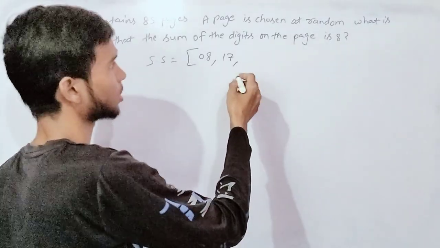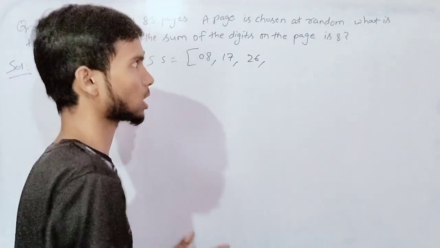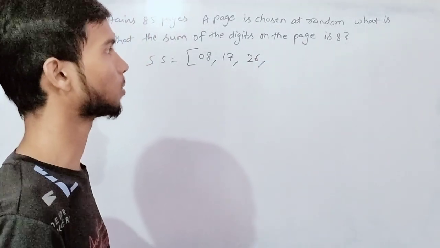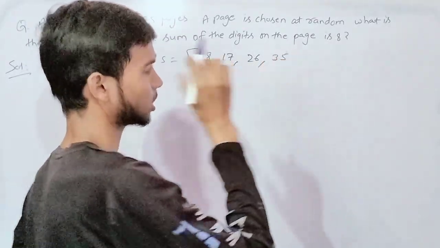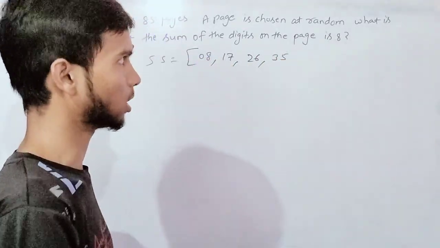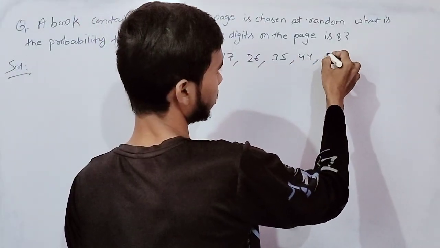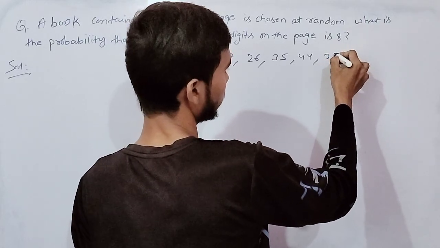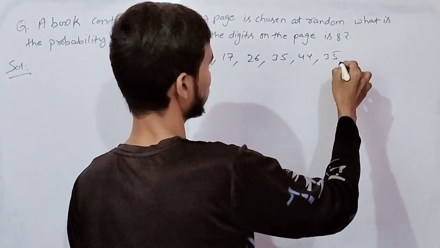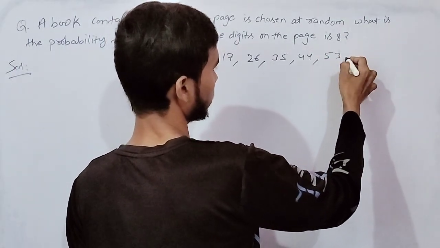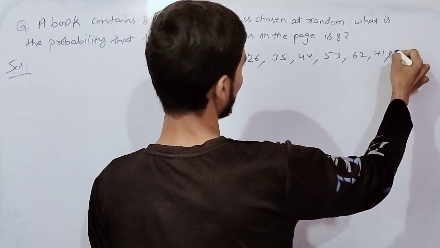Now next, 17, and 26 is a number which is coming between 0 and 85. 35, yes, it is also coming between 0 and 85. 44, 53, and 62, yes, 71, what else? 80.